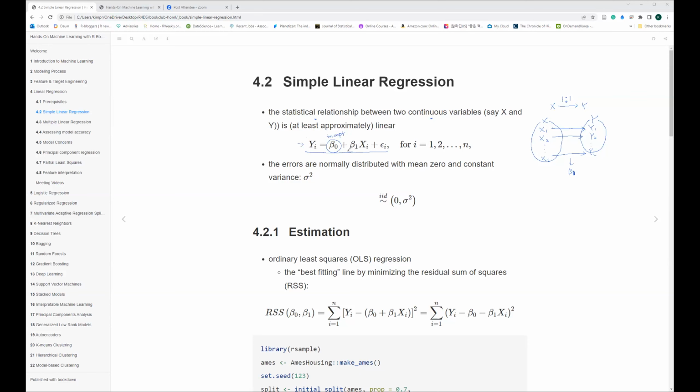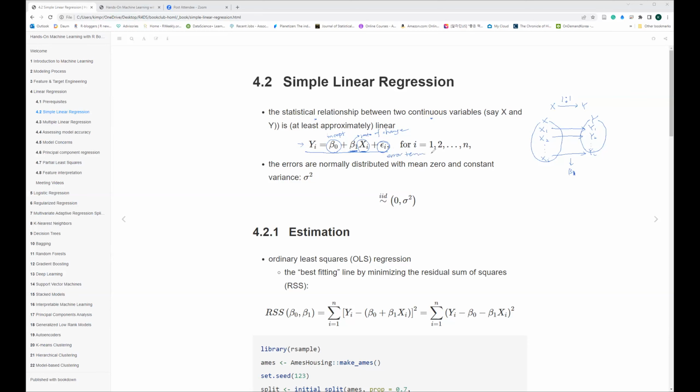And then beta 1 is the regression coefficient that represents the relationship between x and y, right? So it is actually called the rate of change. And then it's not ei, it's epsilon i, the error term.